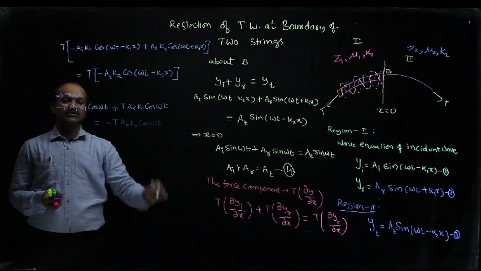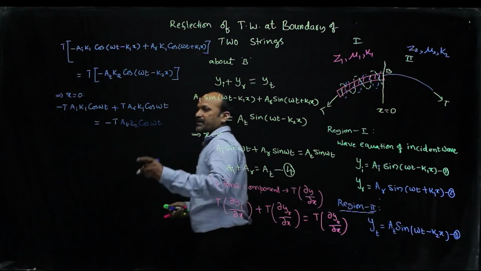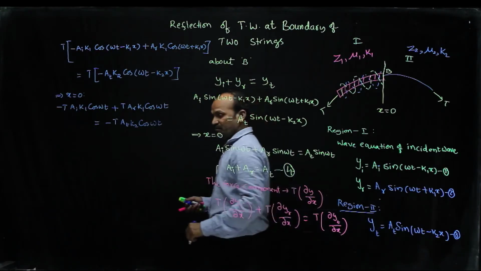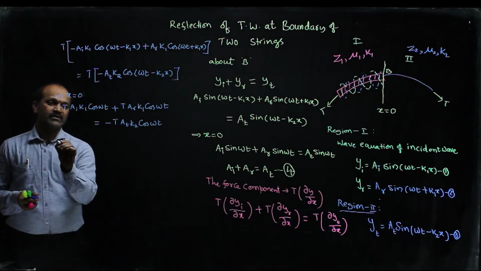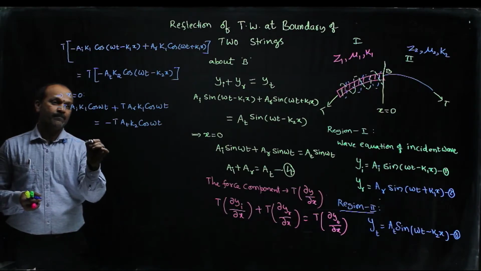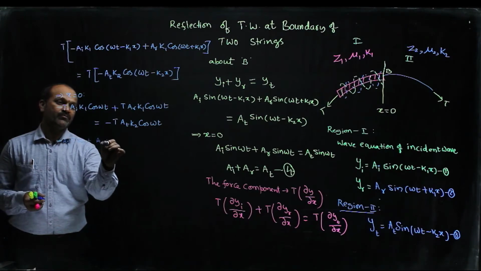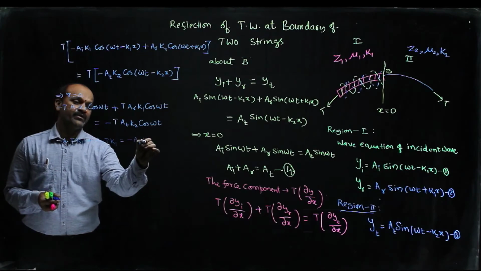See, in the equation, on both sides we can cancel cos omega t. When you cancel it on both sides, we get minus Ai T k1 plus Ar T k1 is equal to minus At T k2.